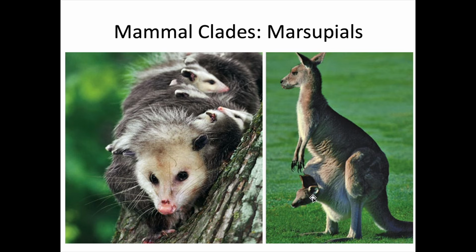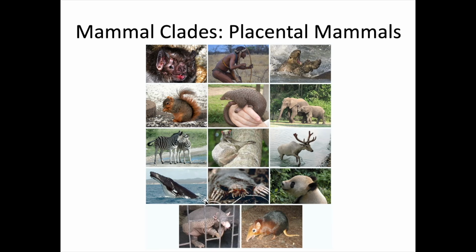They get to independence eventually. Some of it is in the uterus, a lot of it's in the pouch. In contrast, placental mammals do all of this development in the uterus, and there is no pouch for them to crawl into once they're born. Once they're born, they're as ready as they can be.